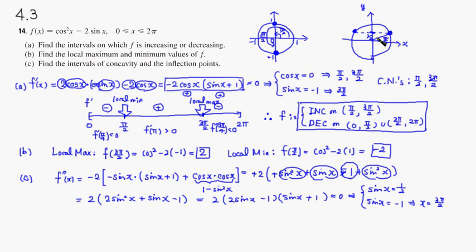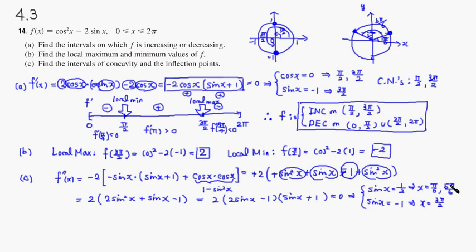But if you go all the way around to the other point, that's going to be 5 pi over 6. So here you get x equals pi over 6 and 5 pi over 6.